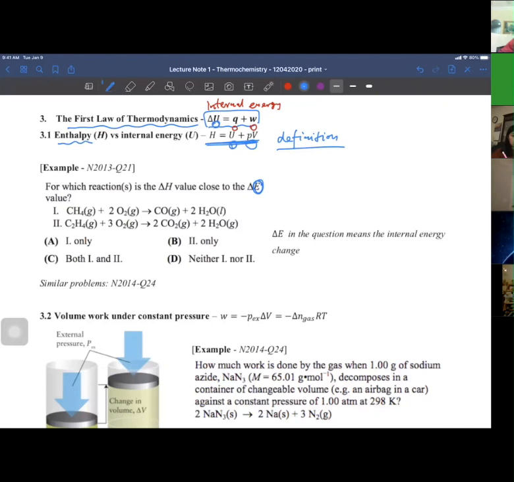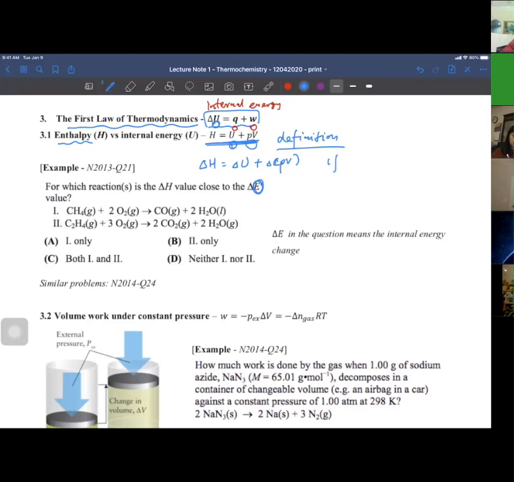Which means delta H will be delta U plus delta PV. Makes sense, right? This is still by definition, just a change: delta H equals delta U plus delta PV.